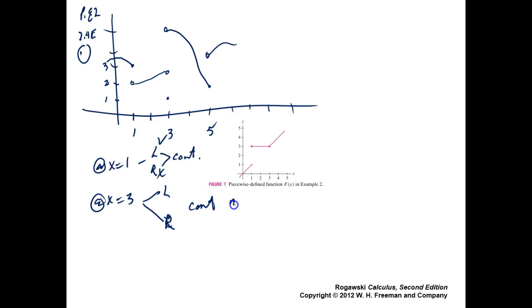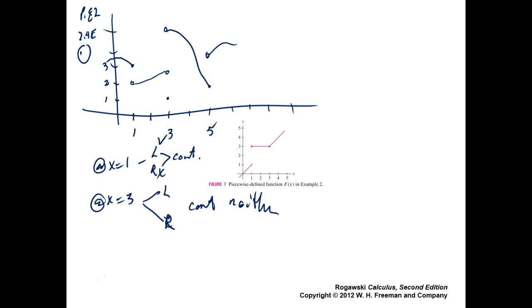It's not left continuous because as x approaches 3 from the left-hand side, f of 3 would appear to be 2.5, when it's really 1. As it approaches 3 from the right-hand side, it looks like it should be going toward 5, it's really going to 1. So that's neither left nor right continuous.